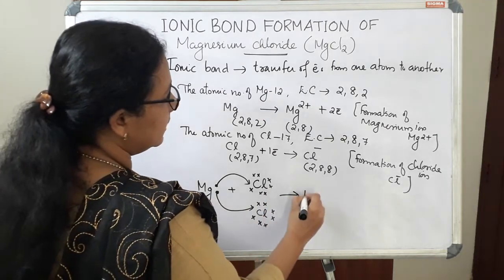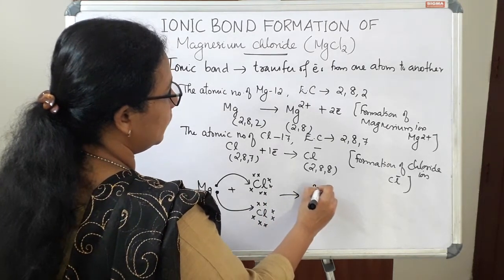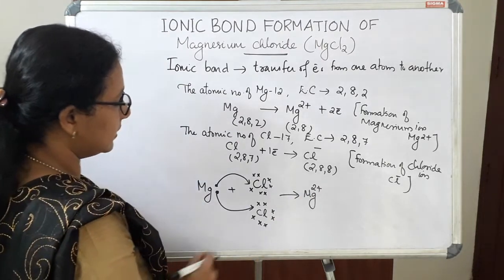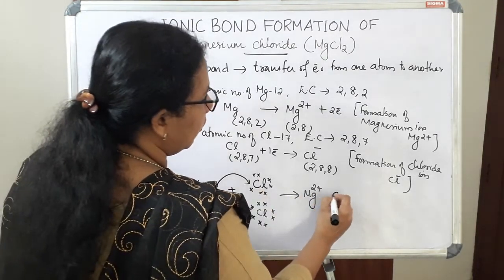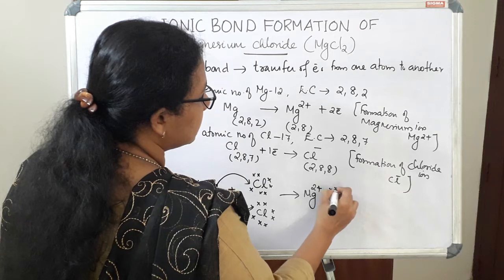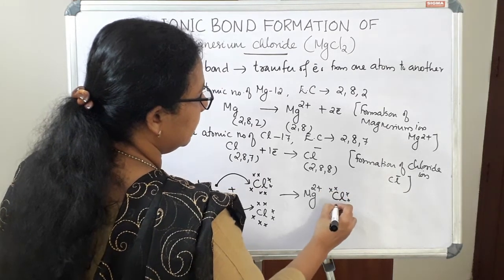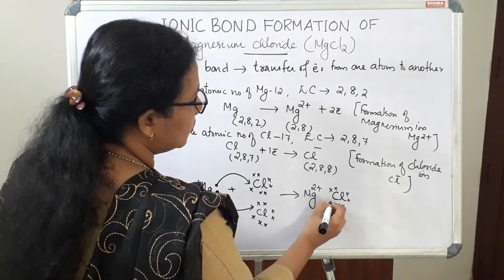Magnesium gets Mg2+, that means 2 positive charge, and each chlorine gets a negative charge. But we have to represent 2 chlorine atoms.